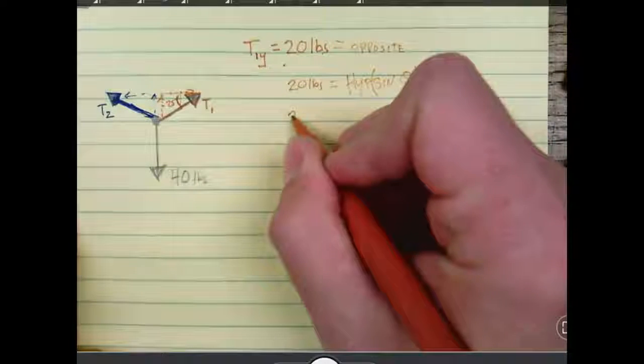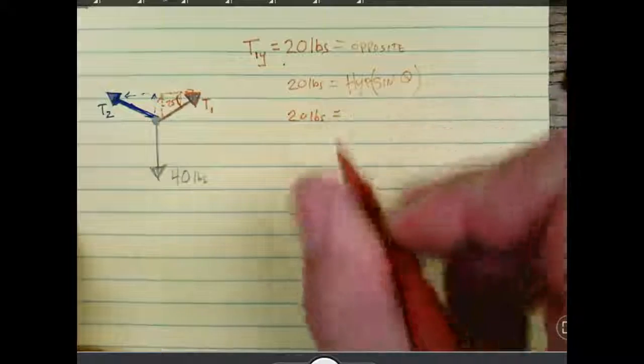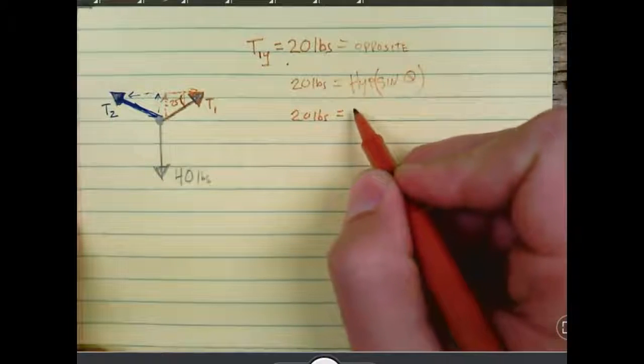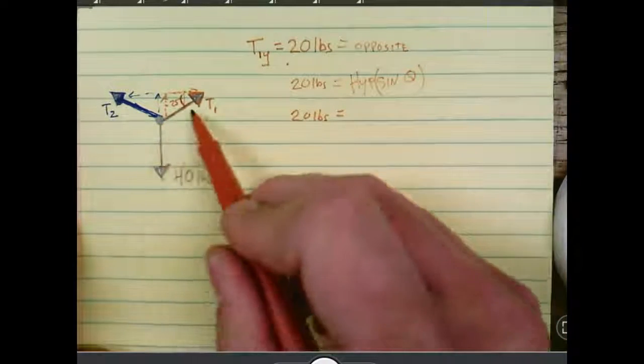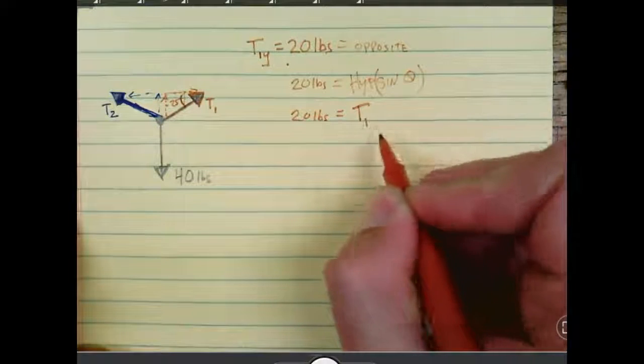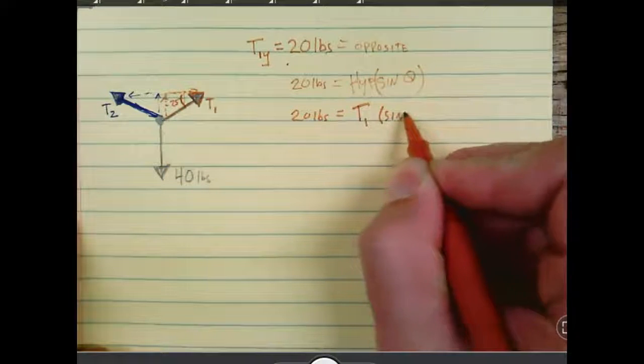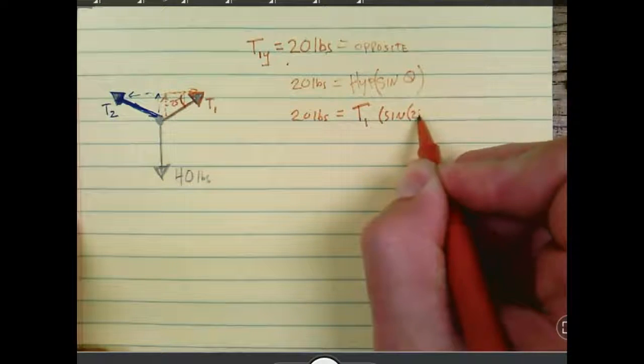So 20 pounds is equal to the hypotenuse, which in our case is T1, times sine of 25 degrees.